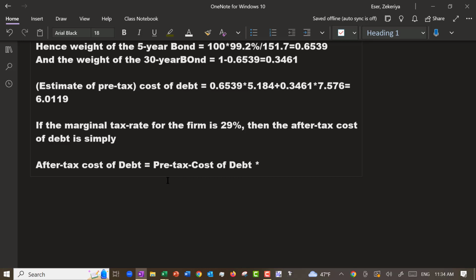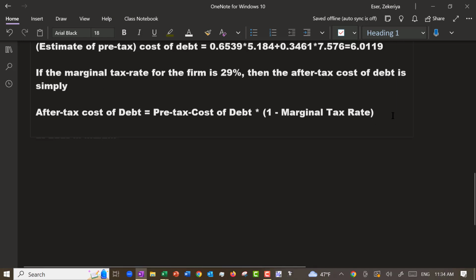I know most other professors don't even talk about this in basic finance. Hence, in this case, it's 6.0119 times 1 minus 29%. So their after-tax cost of debt is about 4.27.